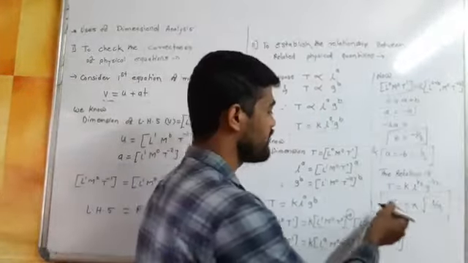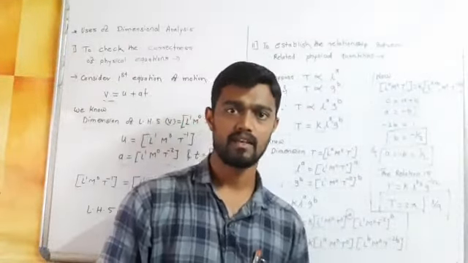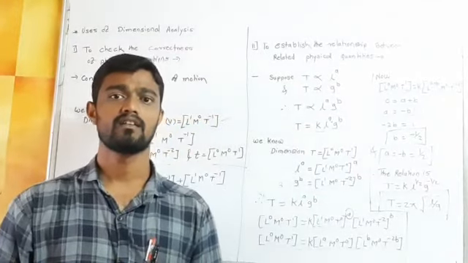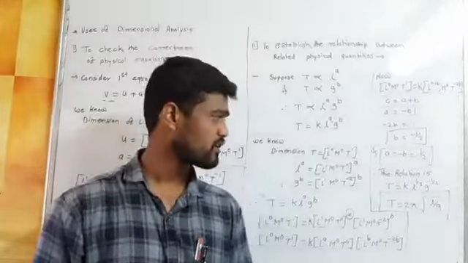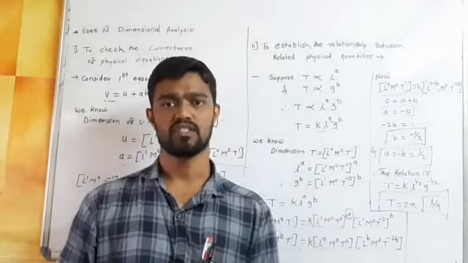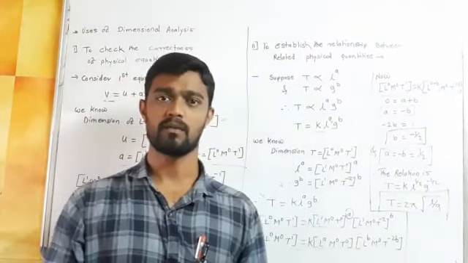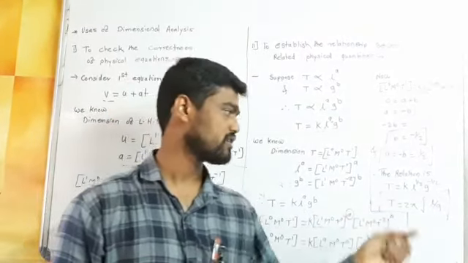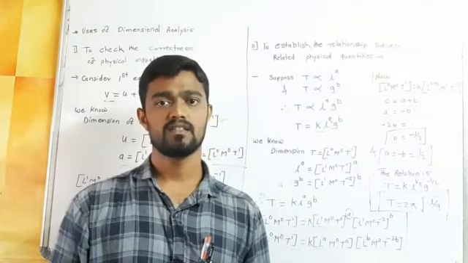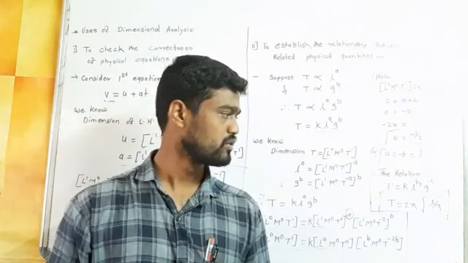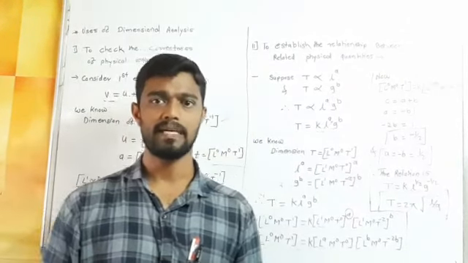So you get the equation for the period: T is equal to 2 pi under root L upon G. This is the period of a simple pendulum. So today we stop here. Thank you.